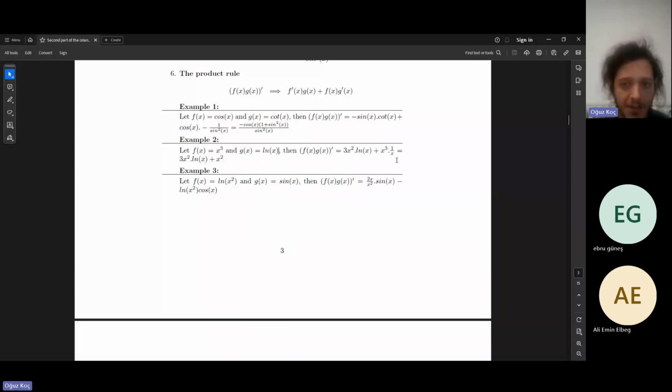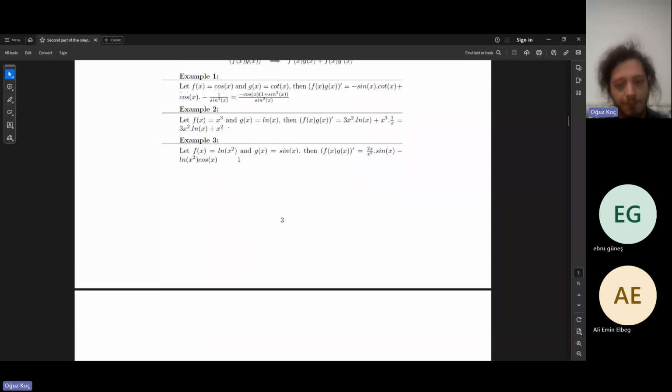And when we simplify it, it becomes 3 times the second power of x times the natural logarithm of x plus the second power of x.